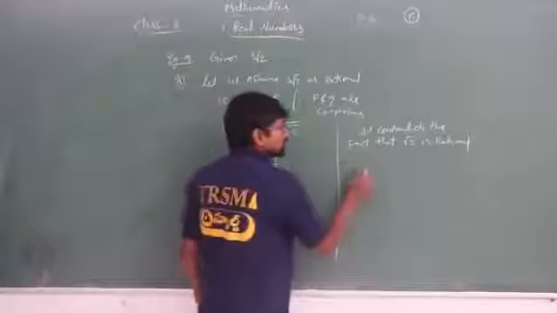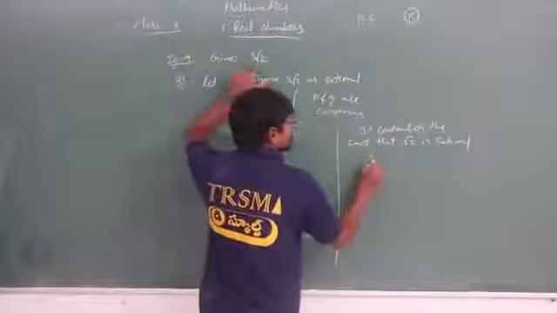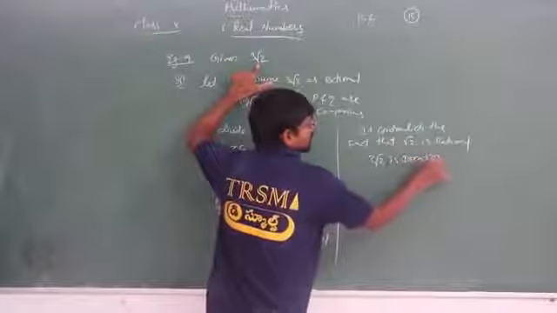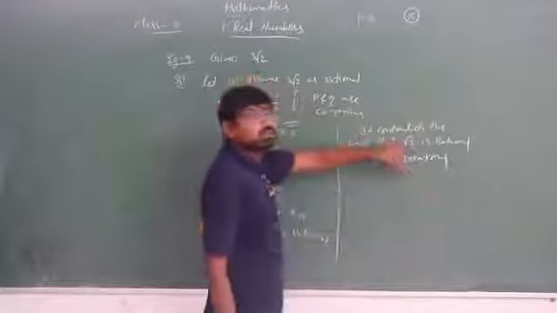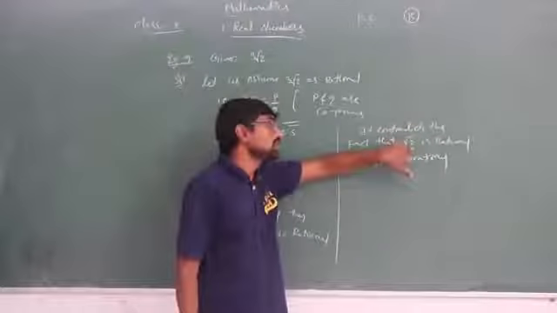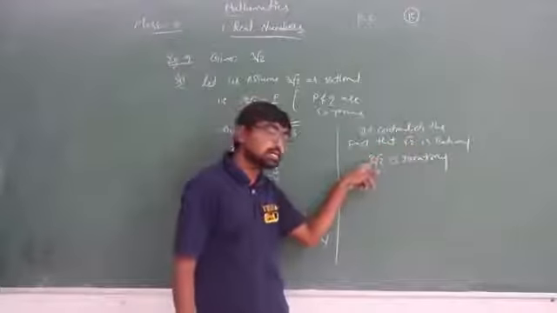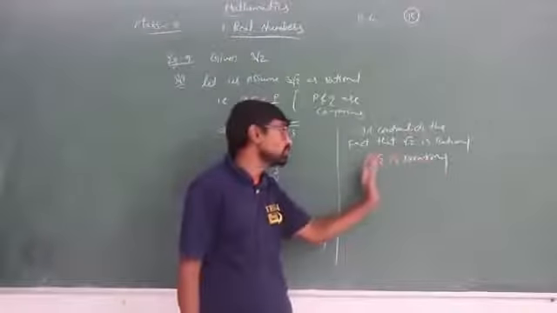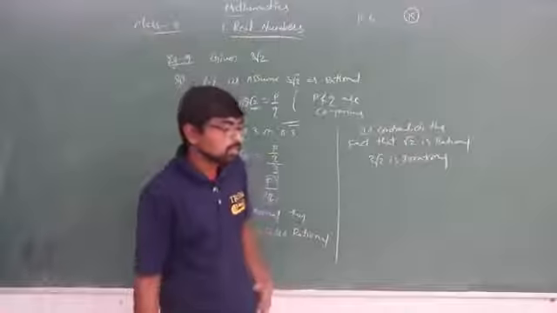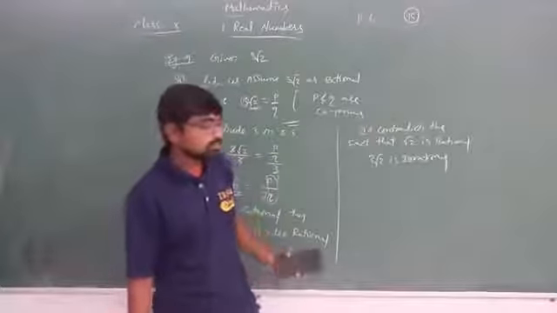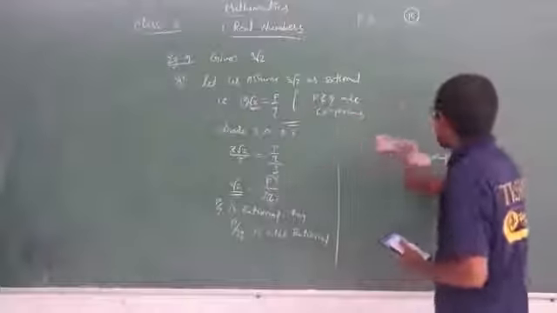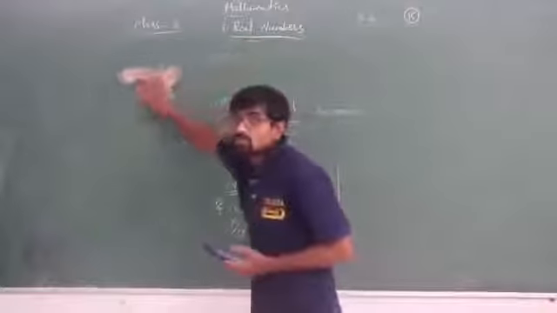So therefore 3 into root 2 is irrational. Why? As root 2 is irrational, if I multiply it with 3, again I will be getting an irrational. Therefore 3 root 2 is also irrational. So like this you need to prove the irrational numbers. Okay, hope you all understood about this.